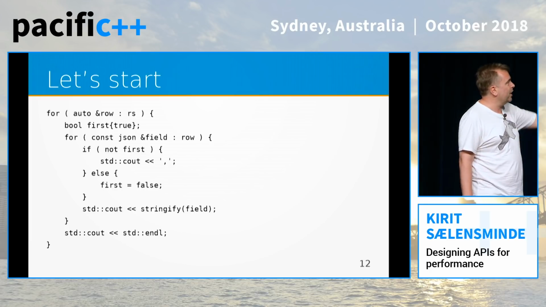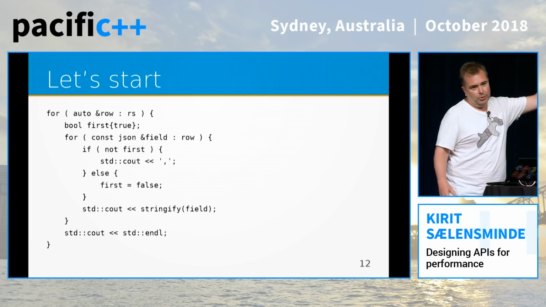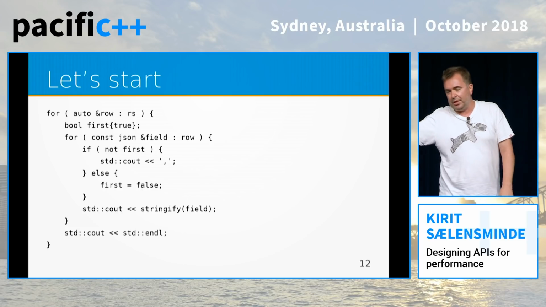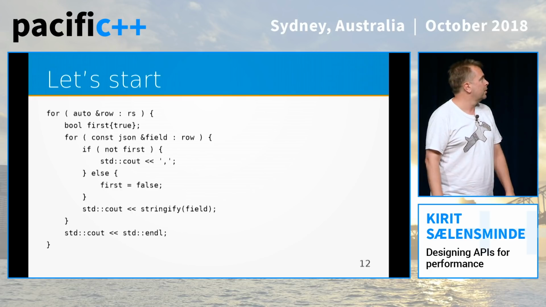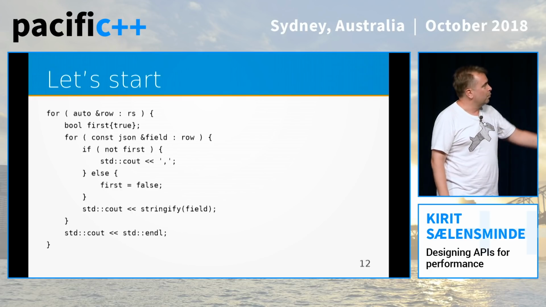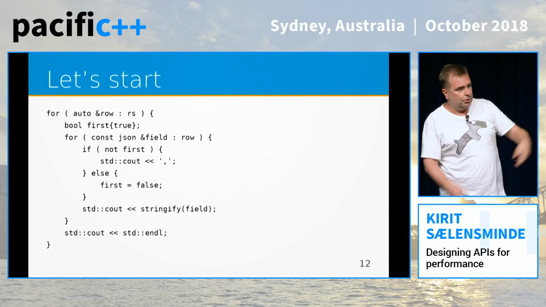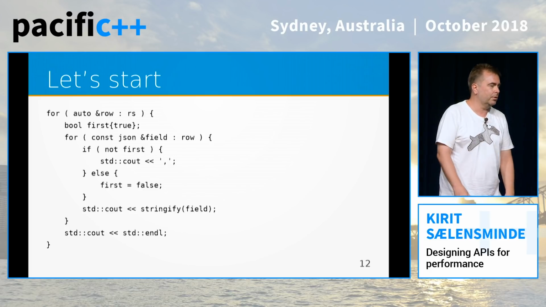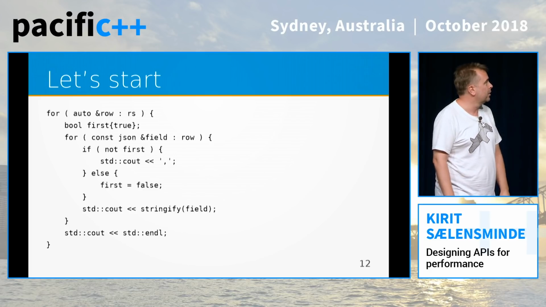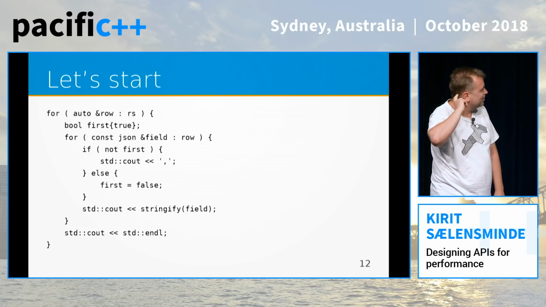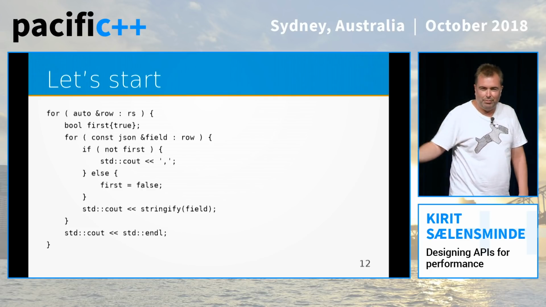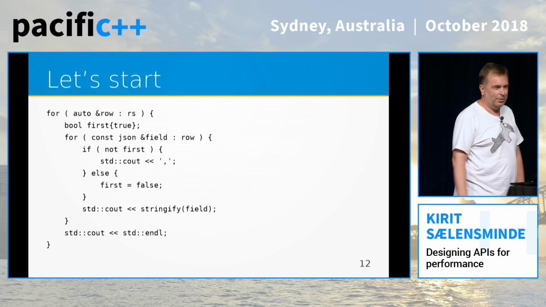So we have an abstraction here which takes whatever data the database has and puts it in a JSON-compatible data structure. So when we iterate over the row, we get JSON coming out, and we can stringify that JSON. And it's kind of unfortunate, but half of our code here is just making sure we get the commas in the right place.